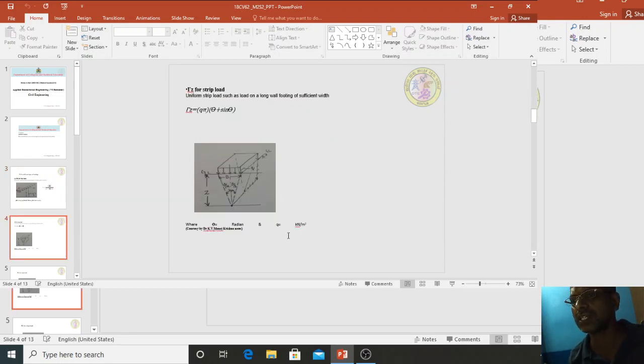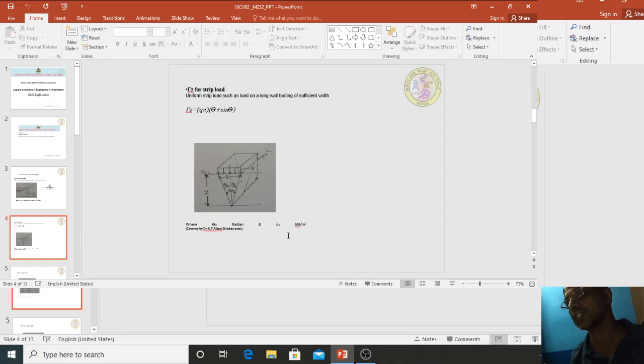Next is sigma z for a strip footing. This is a uniform strip load, such as the load on a long wall footing of sufficient width, where B is the width of the footing over a considerable length L. We want to find sigma z at depth Z at the middle of the footing, B by 2, where the angle at the edge is theta.